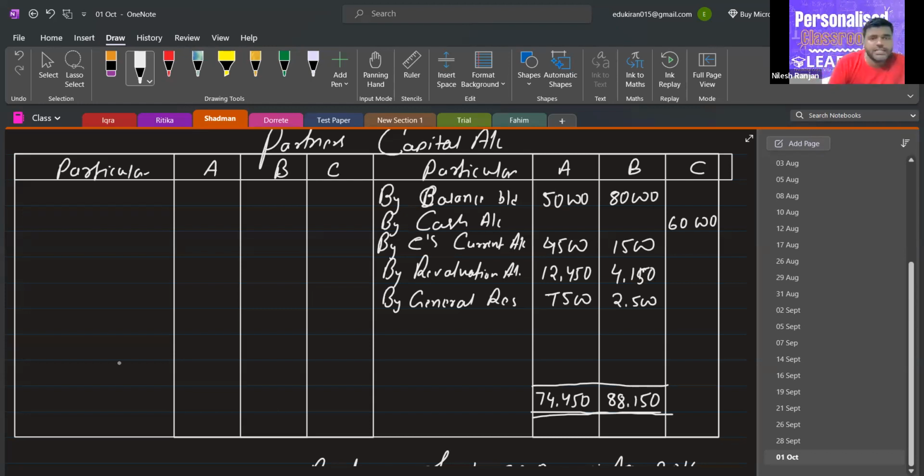Now, if there is any item written on the debit side, let's say there is 2,000 written here and 3,000 written on the debit side of A and B. In this part, we don't have to write any balance because we are calculating adjusted capital.